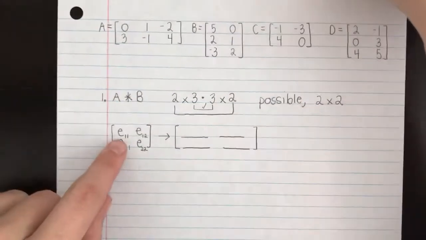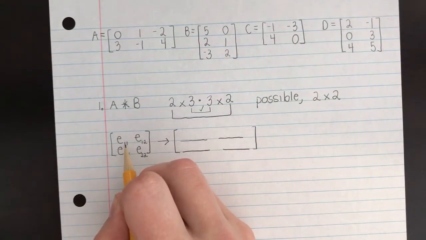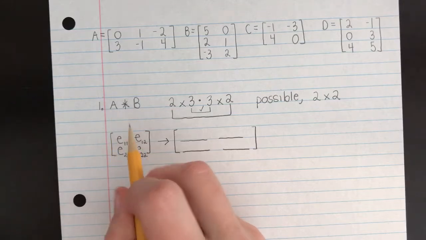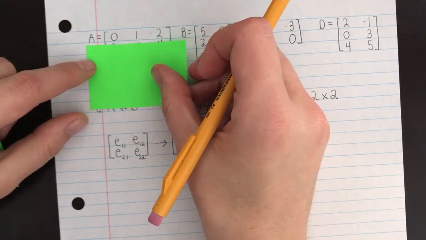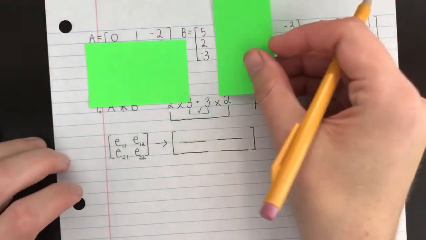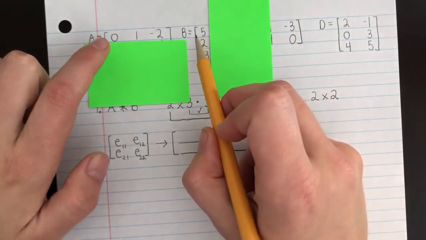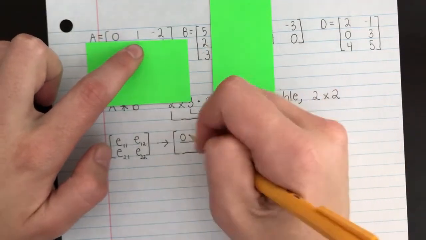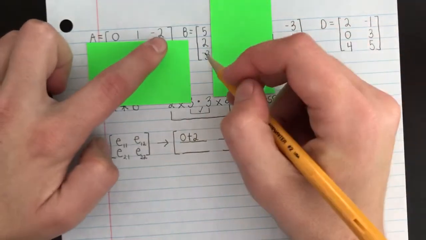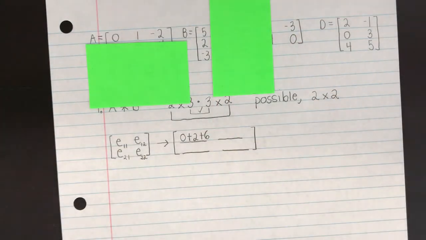So this tells me exactly what to multiply. Remember, it's row by column. So I'm going to take row 1 of matrix A and column 1 of matrix B. Okay, so I'm going to take 0 times 5, 0, plus 1 times 2, 2, plus negative 2 times negative 3, which is 6.